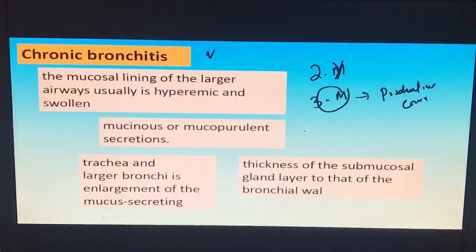In the COPD patient, one part is bronchitis, and the sputum is a bit clear, and mucopurulent sputum is rare. Purulent sputum belongs to bronchiectasis. There are mucinous secretions, continuous secretions there.